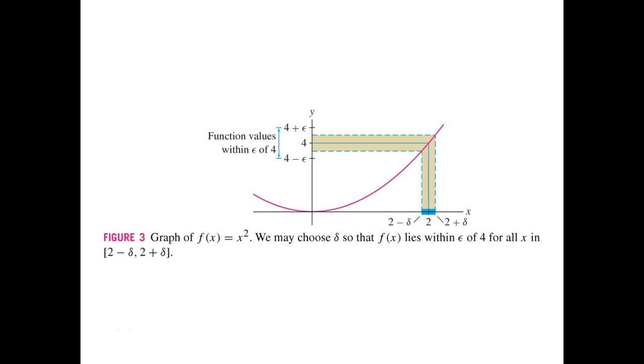Now, that's a huge thing. Within epsilon of 4, I'm sorry, for all x between 2 minus delta and 2 plus delta. And again, this is just showing the picture of what it's supposed to be. But if you choose an epsilon, pick me a small epsilon. 0.5?